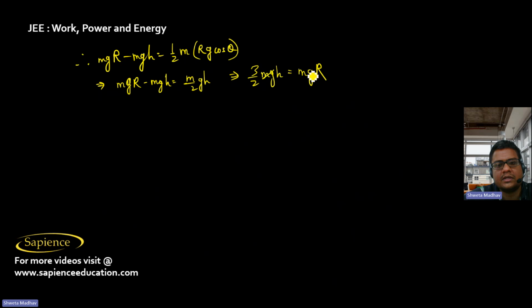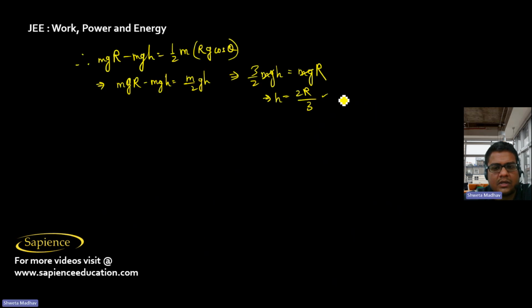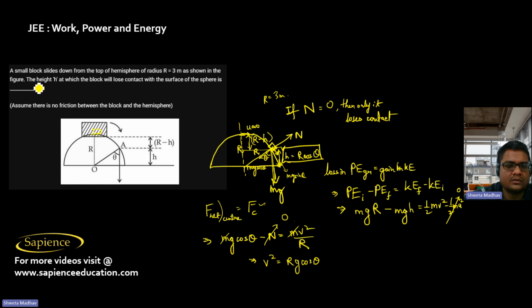So mg will get cancelled. So h will be equal to 2r by 3. So at 2r by 3 it will lose contact. So r is told it is 3 meters. So height will be 2 by 3 into 3, that is 2 meters. So at 2 meters height it will lose contact. So 2 is the answer.